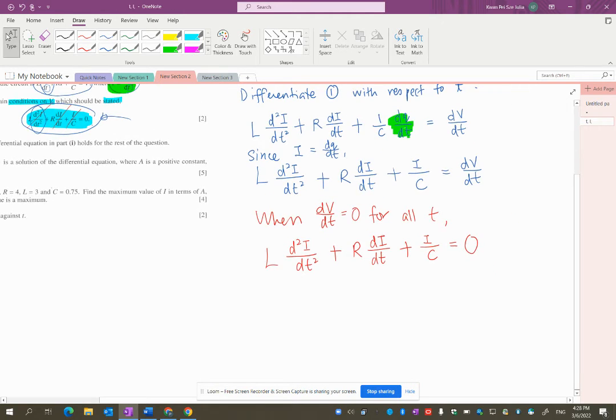Right? So we need to state the condition where dv dt is 0 for all t.